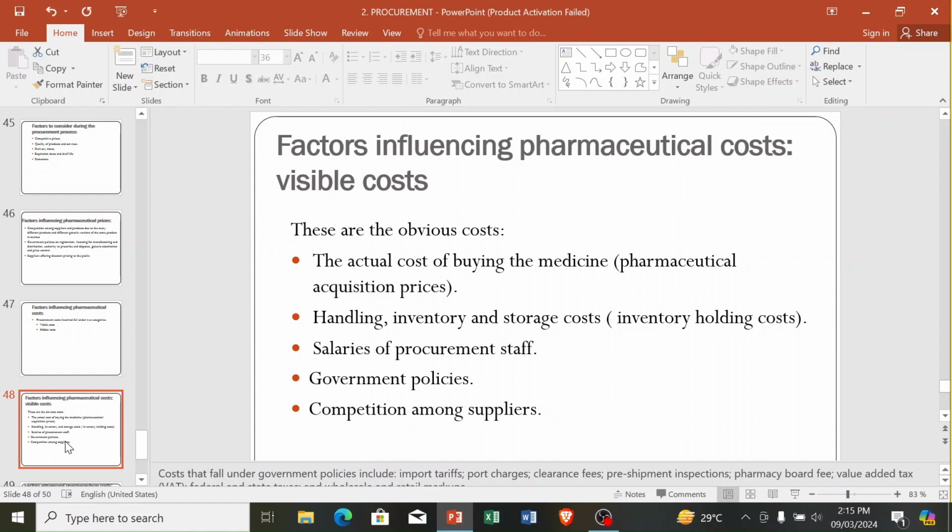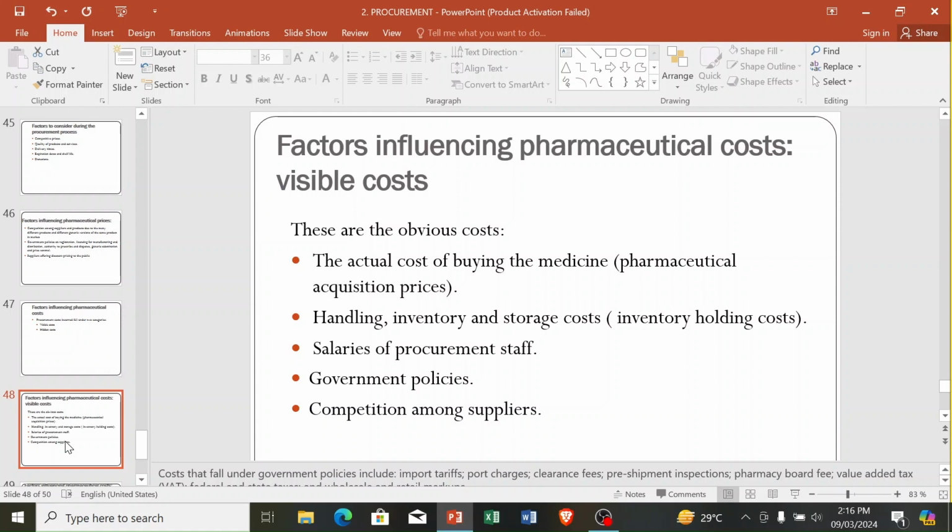You need people to be there to monitor the flow in and out, monitor expiries, monitor the shelf life, monitor the quality of the medicine. So you find that you are aware of that. So it is an obvious cost. Salaries of procurement staff, it is an obvious cost. You need to pay the staff, not only procurement but a number of staff.